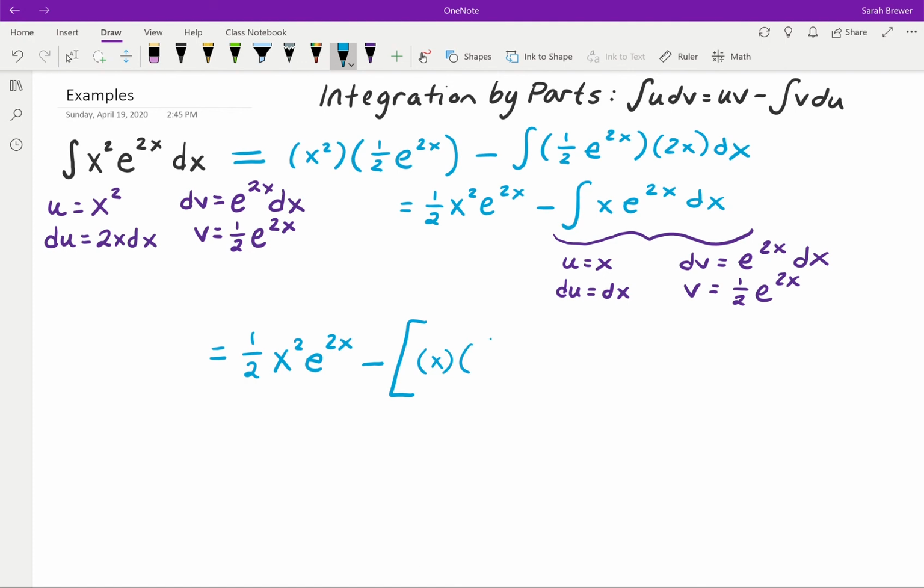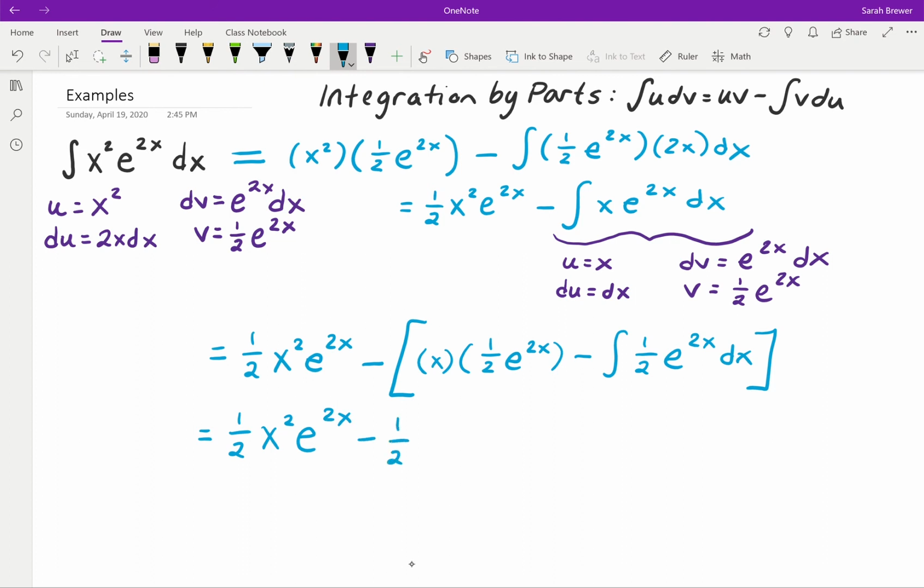So x times 1/2 e to the 2x minus the integral of v du, so minus the integral of 1/2 e to the 2x dx. And I'm going to distribute this negative and simplify a little bit. So we're looking at 1/2 x squared e to the 2x minus 1/2 x e to the 2x minus a negative gives us positive integral of 1/2 e to the 2x dx.